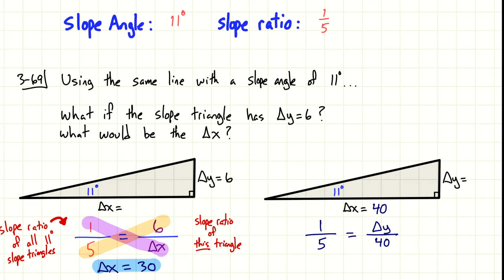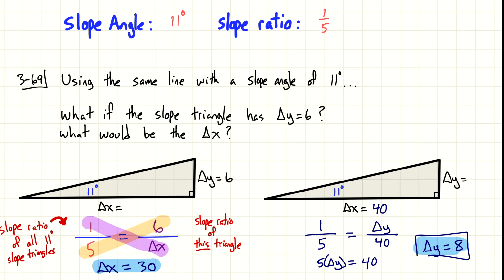Which means when I solve this, if we cross multiply, this is going to be 5 times delta y is equal to 40, which means if you divide both sides by 5, you will discover that delta y is equal to 8. All right, so that would be our solution there.